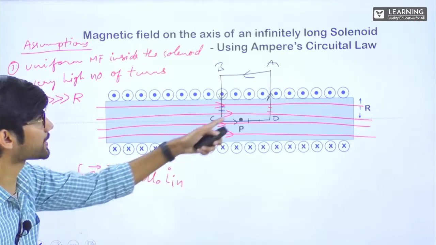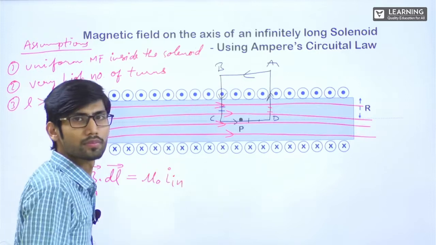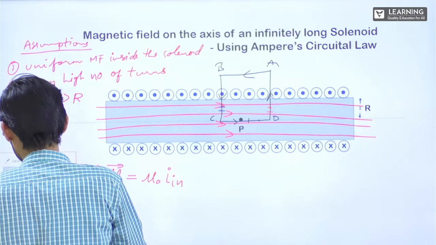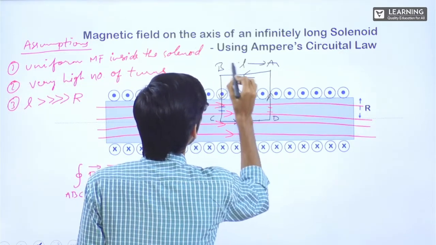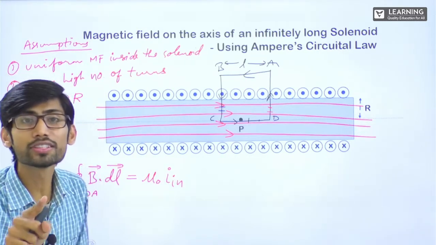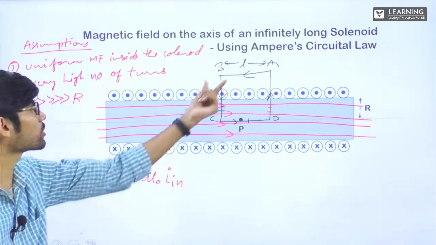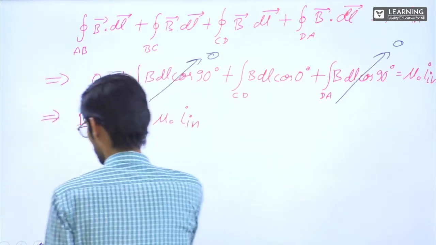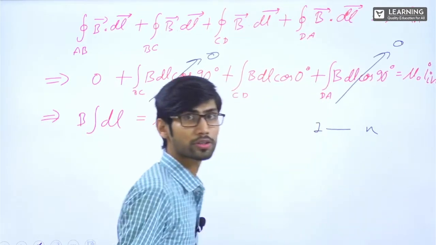Now, how much is I inside? It depends on how many rings are there inside. Correct? Let's say this square loop is of length L. This length, let's say it is L. We know about small n, the number of turns in a unit length, correct? So in a unit length, small n number of turns are there. So in L length, n into L turns are there.